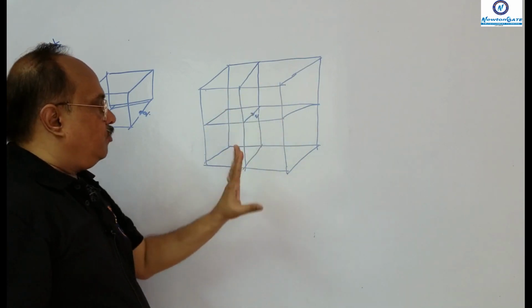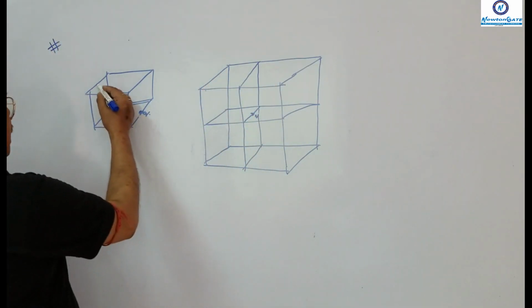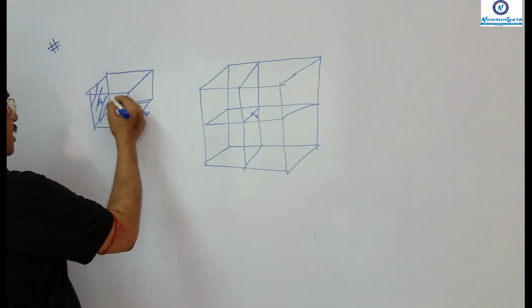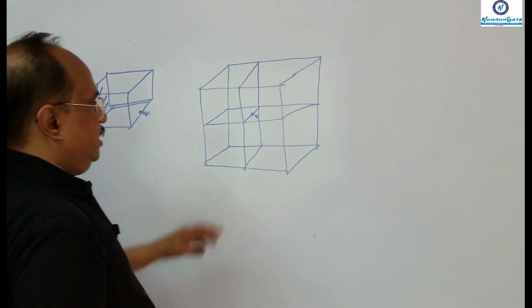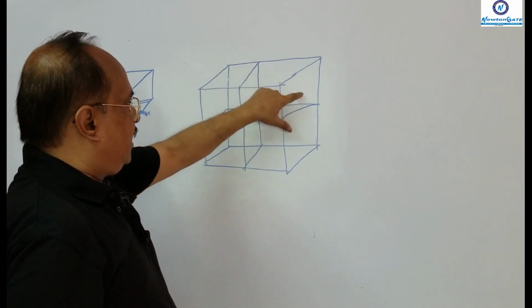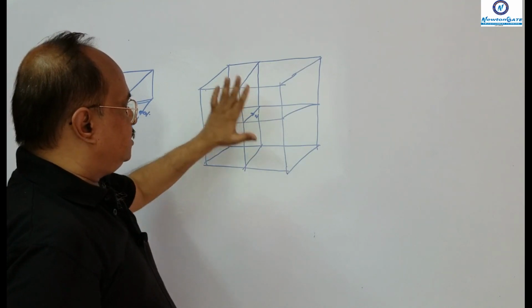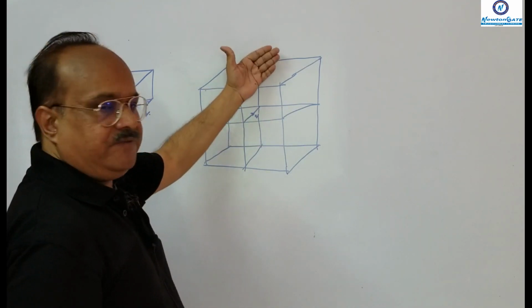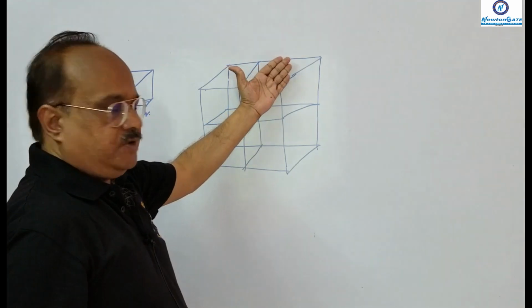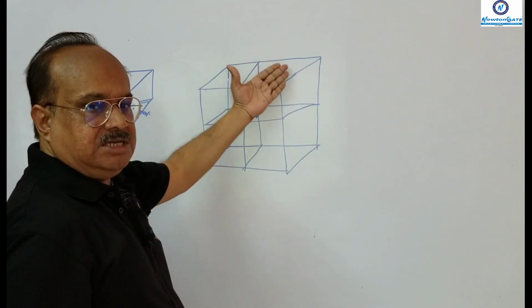That means in total how many faces do we have here. This face area, if I take it as A, the other face is also A, that means here you will have 1, 2, 3, 4, 5, 6, 7, 8 faces, and here we will have this face with 4 faces, and that face also has 4 faces. So here 8 faces, here 4 faces, and the back side is 4 faces.